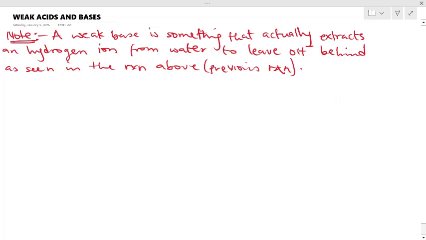So the generic reaction for this weak base reaction is as follows.